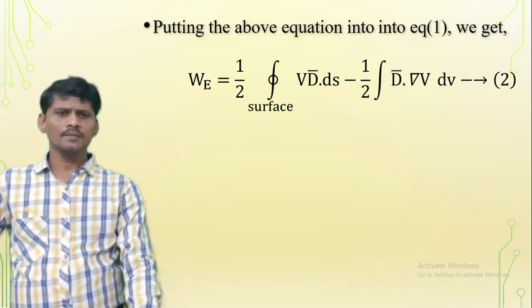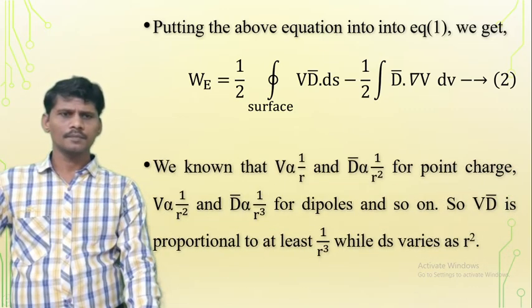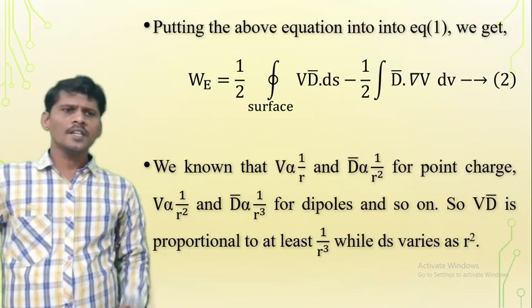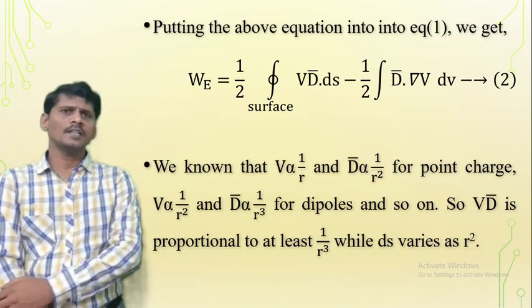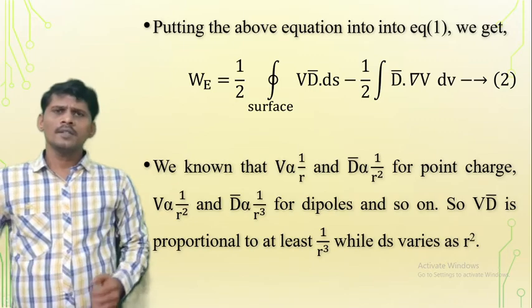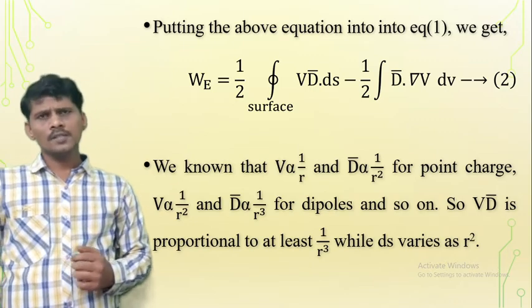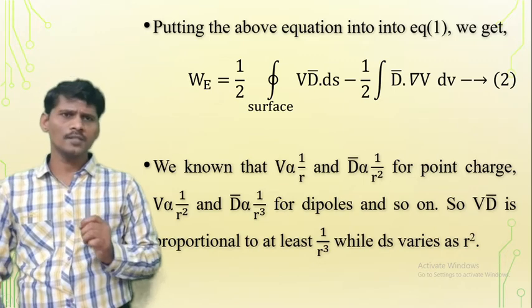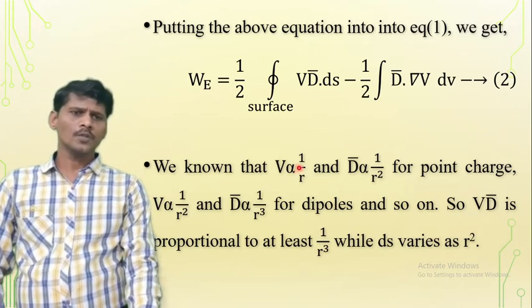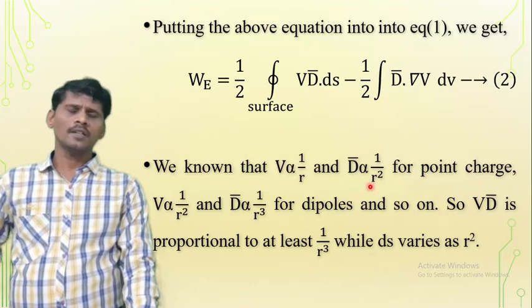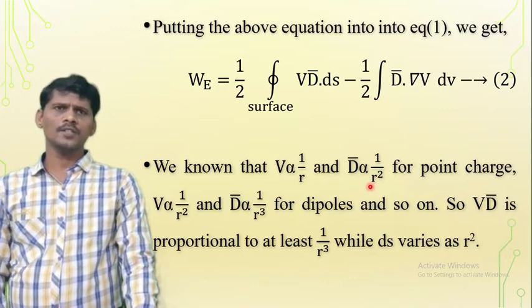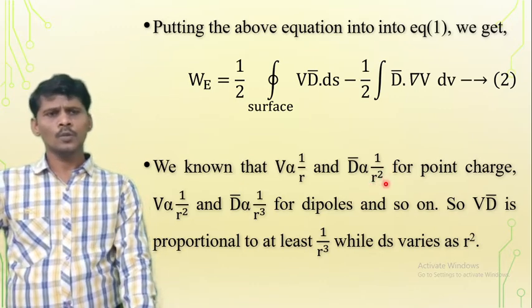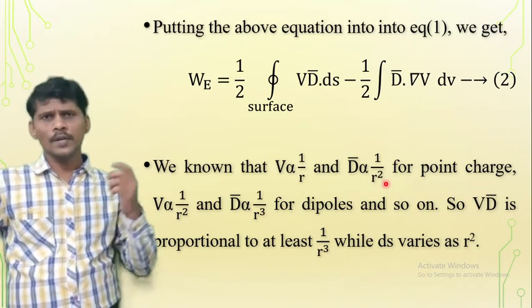Now here, in the case of point charges, the electric potential is inversely proportional to the distance and electric field intensity is inversely proportional to the square of the distance. That is, V is directly proportional to 1 by R, and electric field intensity or electric flux density is directly proportional to 1 by R square for point charges.